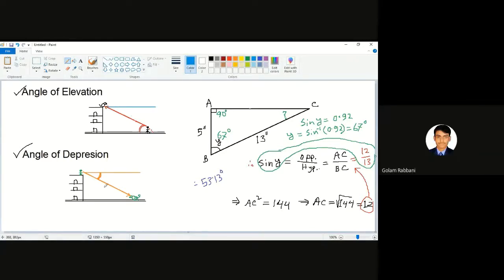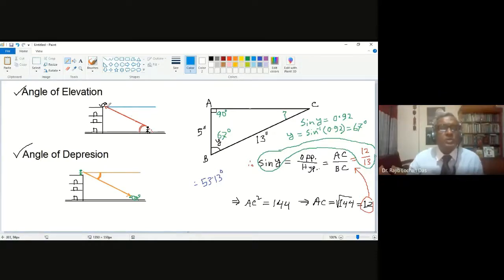Yes, sir. If you think about the horizontal line here, this angle and this angle are same, isn't it? And in the depression also, this angle and that angle are the same thing. So actually that is the point I told you.